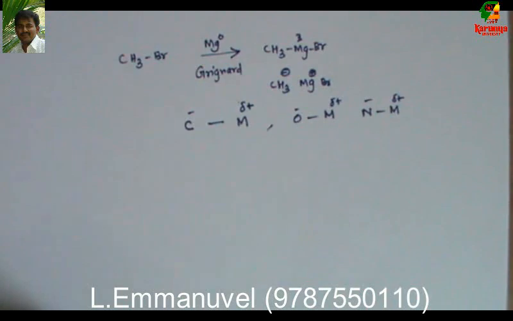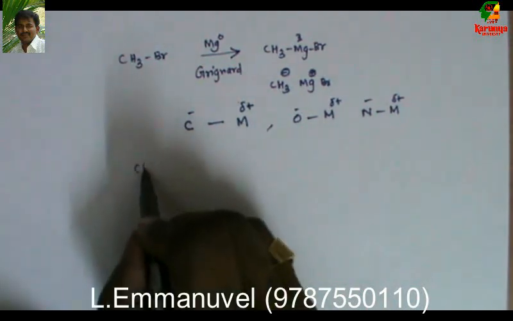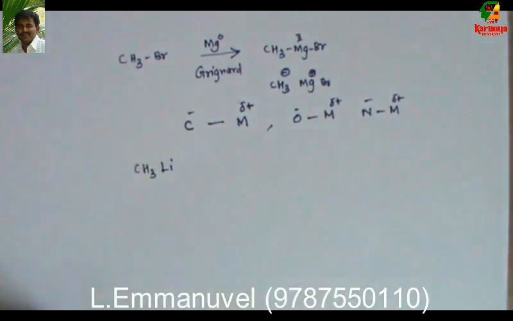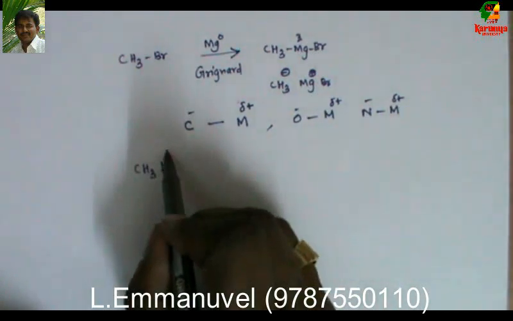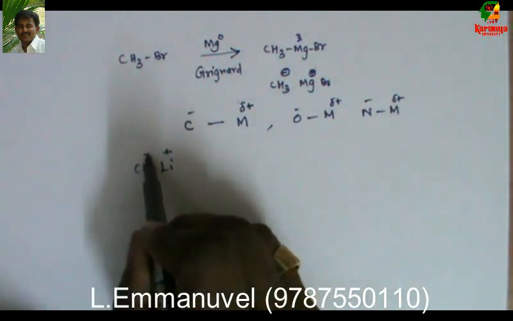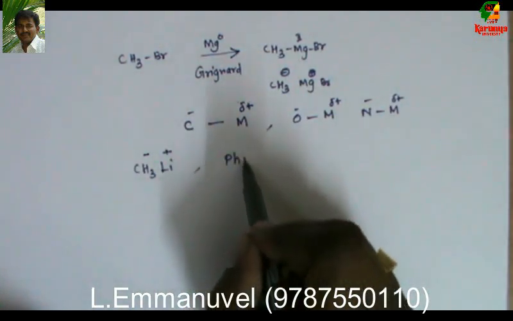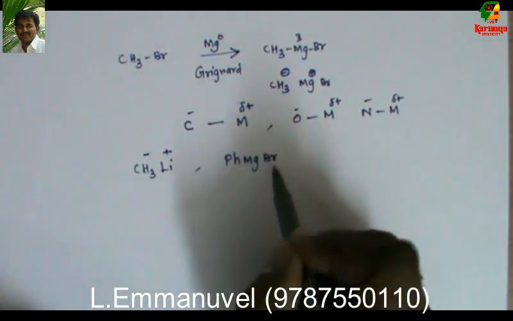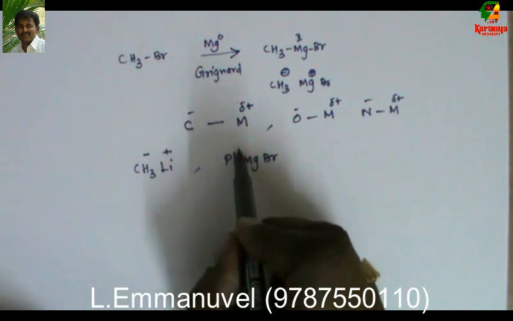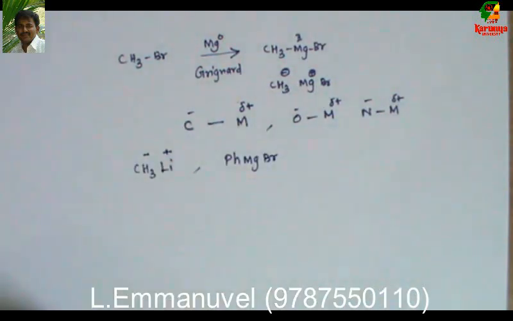Similarly, you can go for lithiation. In methyl lithium, there is positive charge on lithium and minus charge on carbon. We also have phenyl magnesium bromide. In this, phenyl has minus charge and magnesium has plus charge.